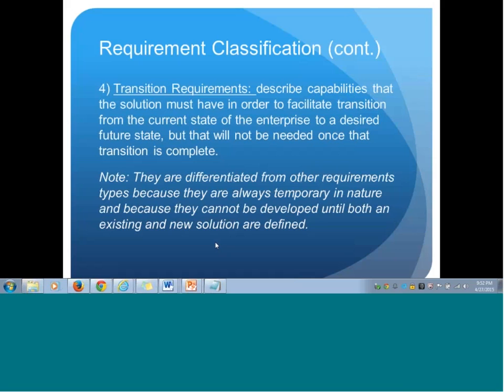Okay, suppose I'm trying to build a new system, and I also have another old system, right? Let's take an example. Let's say AT&T and T-Mobile have merged, right?